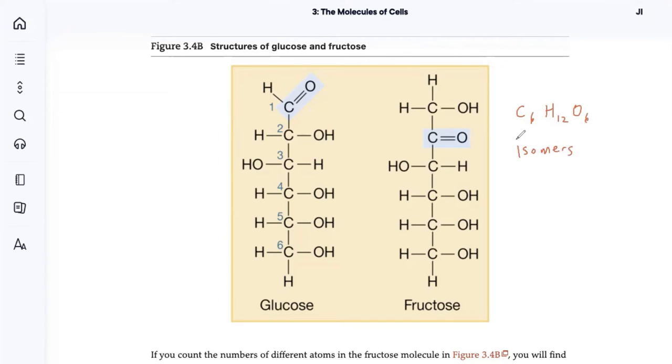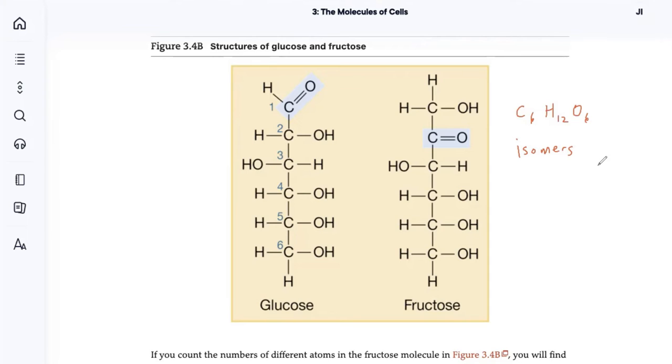In fact, a lot of the diversity in organic molecules comes not from different chemical compositions, different atomic compositions. Differences like that between glucose and fructose are due entirely to the way that the covalent bonds are arranged.